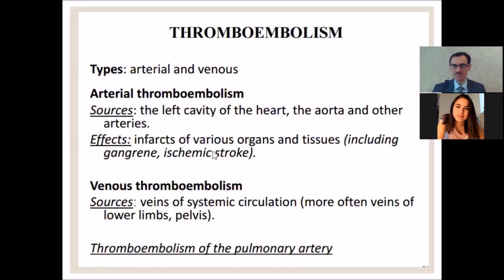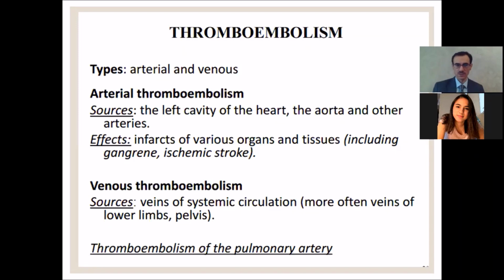Eighty percent of the emboli result from thromboembolism. There are arterial and venous types of the thromboembolism. In the arterial thromboembolism, the thrombus comes from the left cavity of the heart, the aorta, and other arteries.